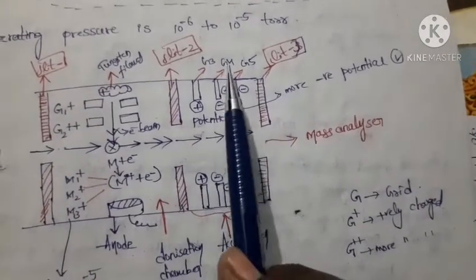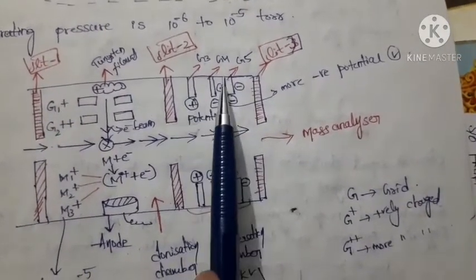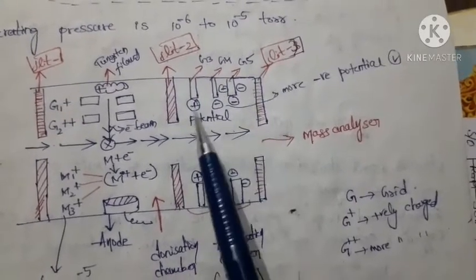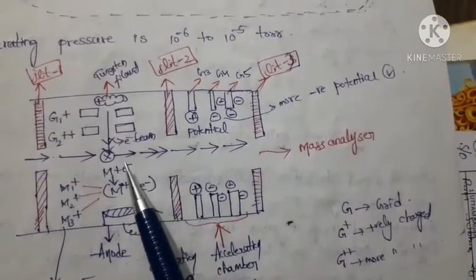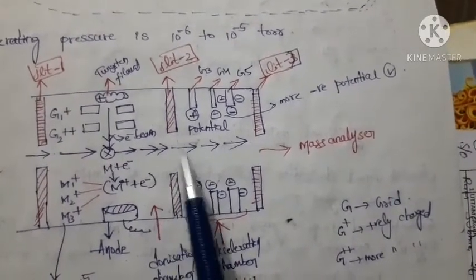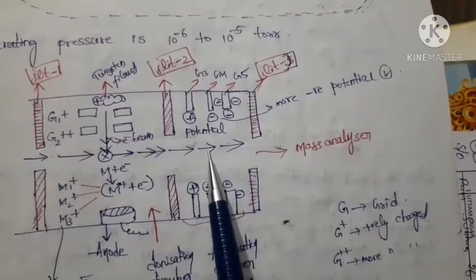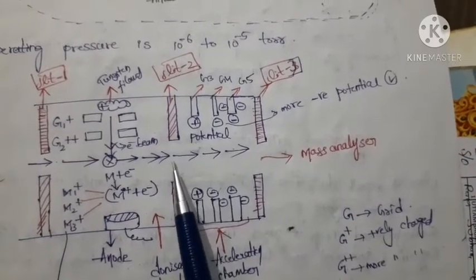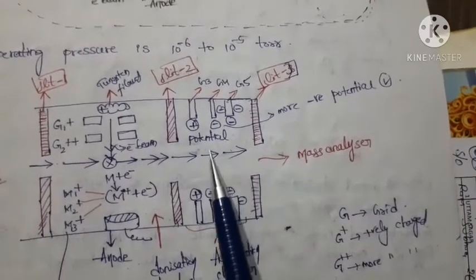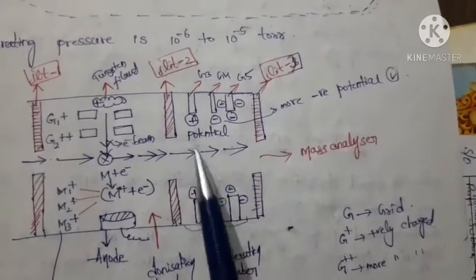See this, this is grid 3, grid 4 and grid 5. Here the first grid is positively charged, and the positively charged ions that entered into this acceleration chamber are also positively charged.